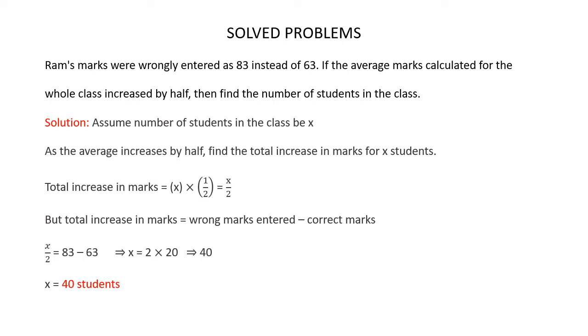So total increase in marks is equal to wrong marks entered minus correct marks. So x by 2 is equal to 83 minus 63. So x is equal to 2 multiplied by 20, which is 40. So the number of students in the class is 40.